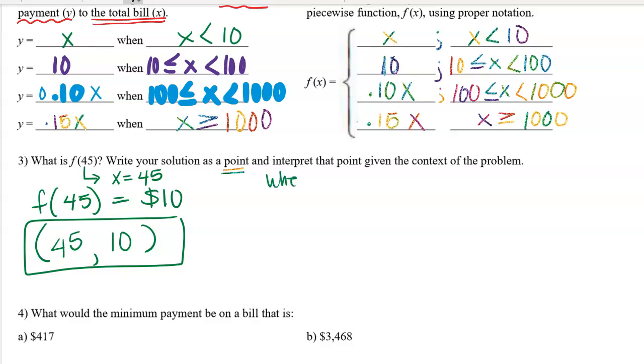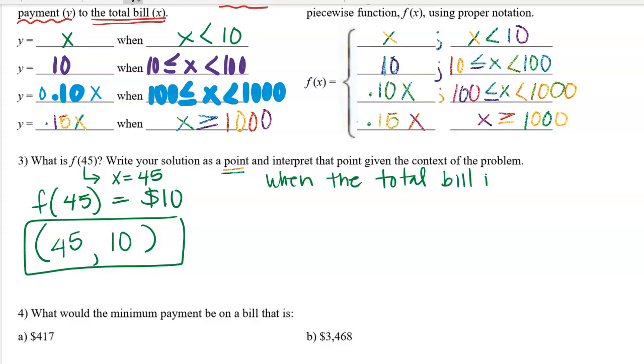When you're what? When the total, what's X again? Tanner, what's X again? 45. Well, that's right. But what does it mean in this context? Total bill, yes.